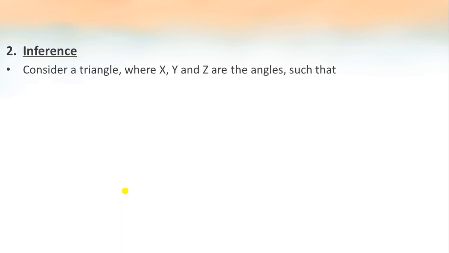Consider a triangle where x, y and z are the angles such that x is greater than or equal to y, greater than or equal to z, greater than or equal to 0.